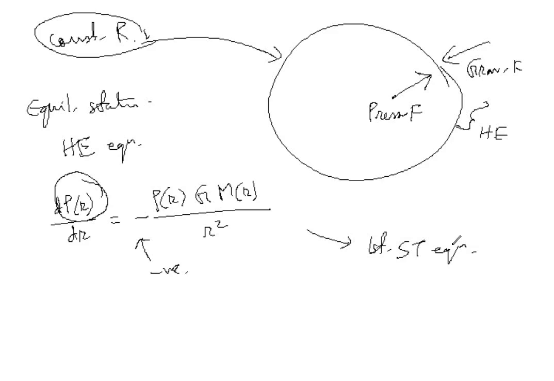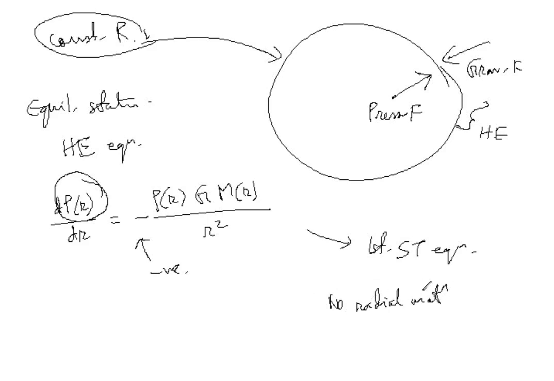Now you see, in general, other forces may also be considered. Say, for example, the centrifugal forces for rotational stars, or even electromagnetic forces for magnetic stars. But one thing I would like to point out is that this equation is valid only when there is no radial motion. So hydrostatic equilibrium means basically no radial motion.